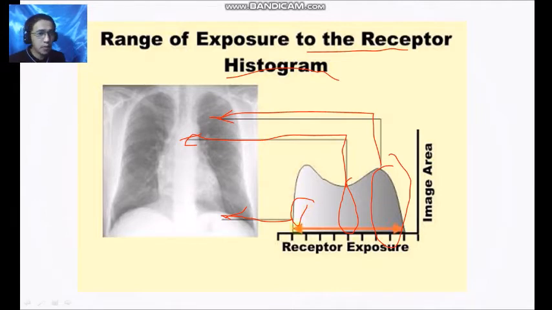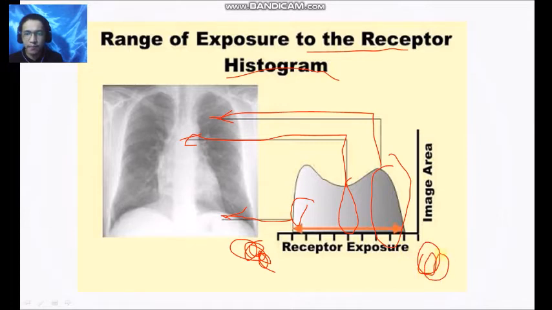Basically, they are represented as colors. It is flipped compared to the previous histogram: the dark portion was on this side before, and the light portion on that side, but in this histogram the light is on this side and the dark is on this side.